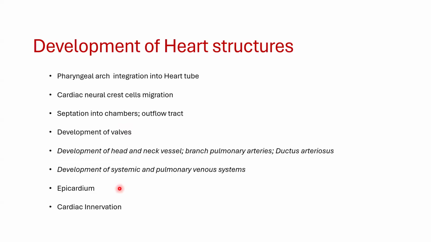In phase two, specific structures are being formed. An important part of phase two is the pharyngeal arches, and we know the pharyngeal arches are the arches that form a lot of the arterial structures within the body.